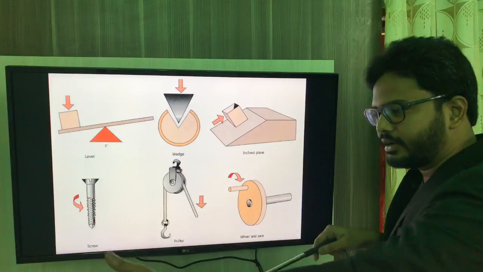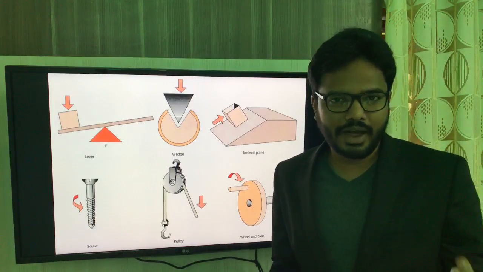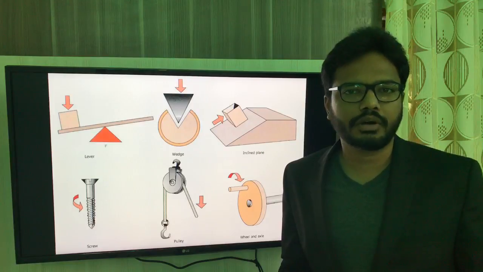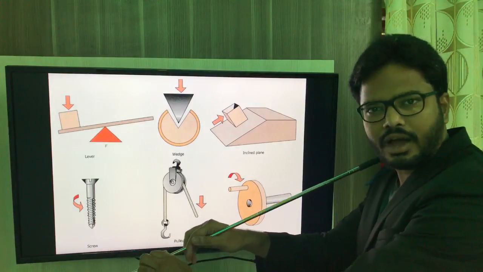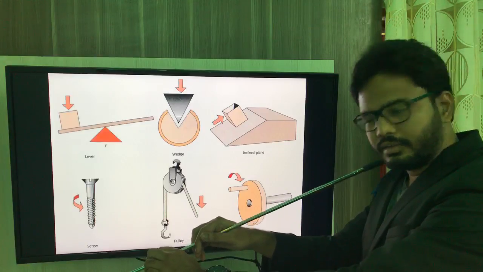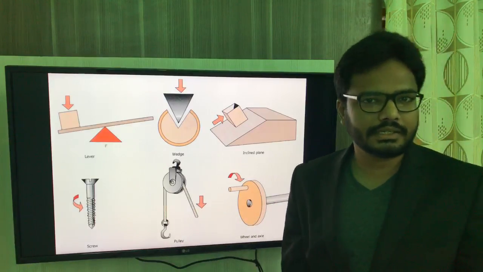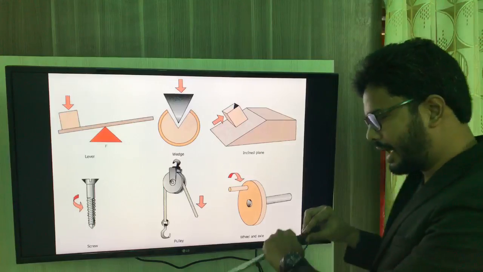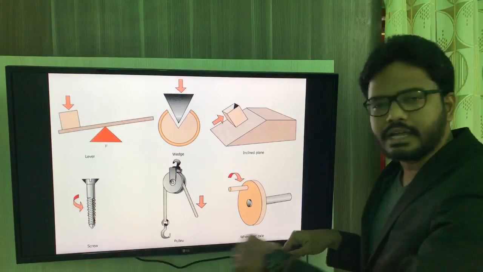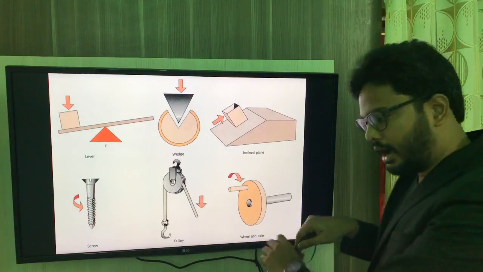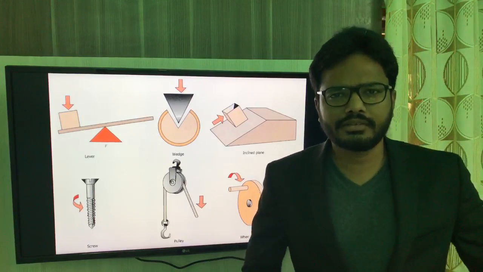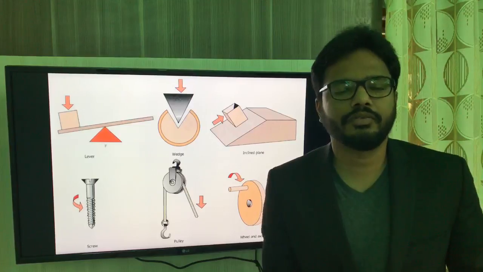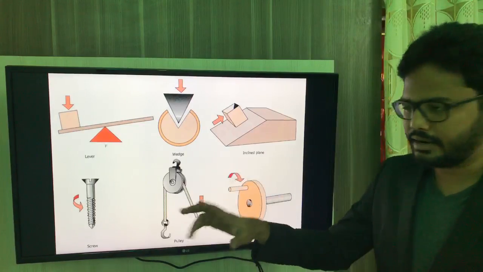So the longer the effort arm, the more mechanical advantage you're going to have, and this is very important. Assume that you're holding the stick very close to the huge rock. You can't apply the force adequately to lift the rock, isn't it? That's quite logical. So you hold it as far as possible, increase the length of your effort arm, and then try to move even a huge rock. That's the principle of levers and fulcrum, which we'll discuss again subsequently.